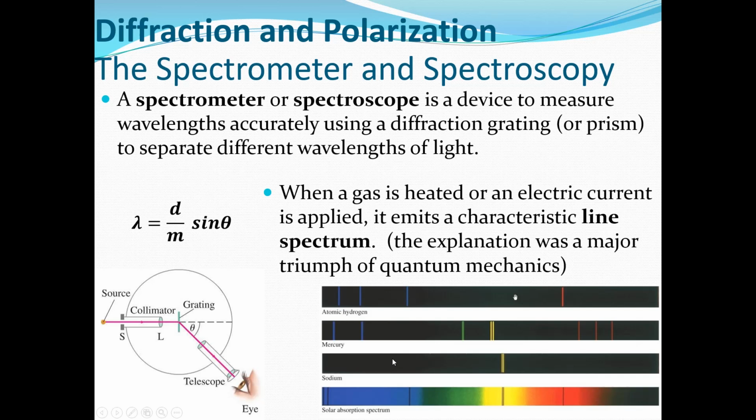So here is an example of what a line spectrum would look like. This is what you would get when you look through a spectrometer or a spectroscope. This is hydrogen. These are the colors of light that it'll emit when it's being excited. And then this is an example of mercury and sodium.